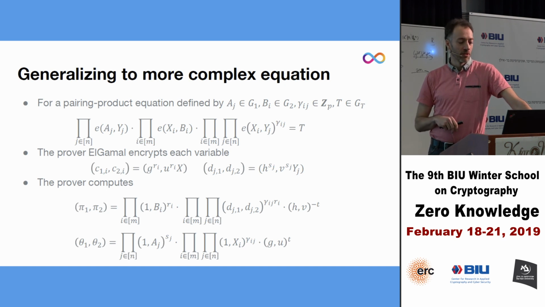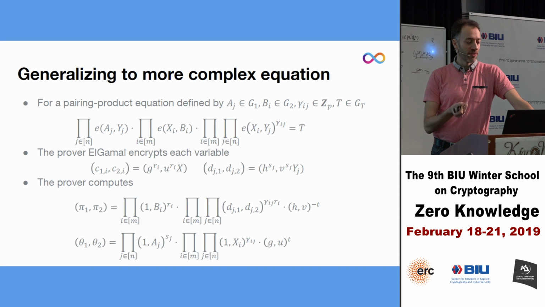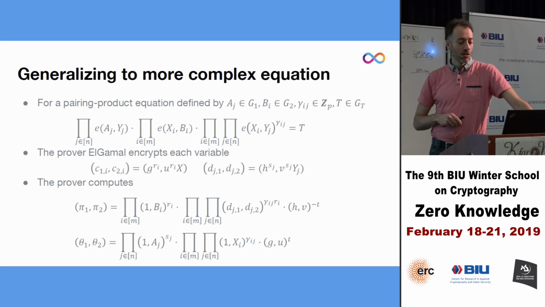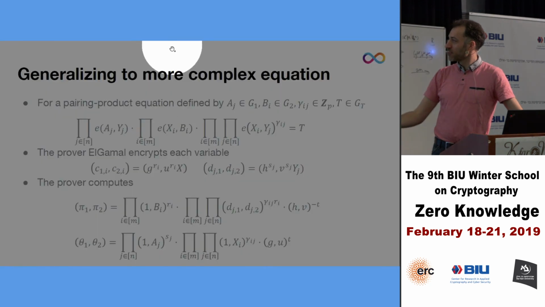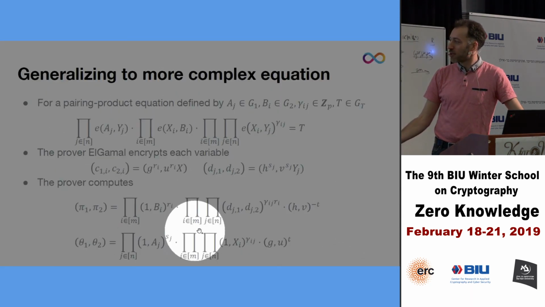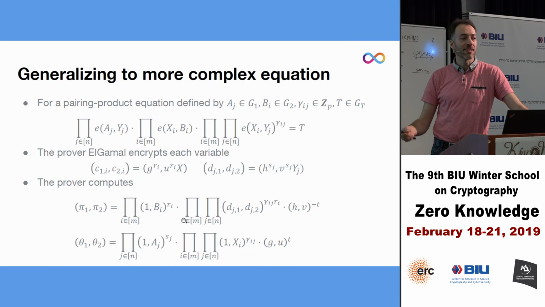The prover would ElGamal encrypt every single variable, and then the prover would compute a proof for every equation, which, when you have this more complex equation, gives you more complex terms, but it's still exactly the same kind of thing happening here, right?